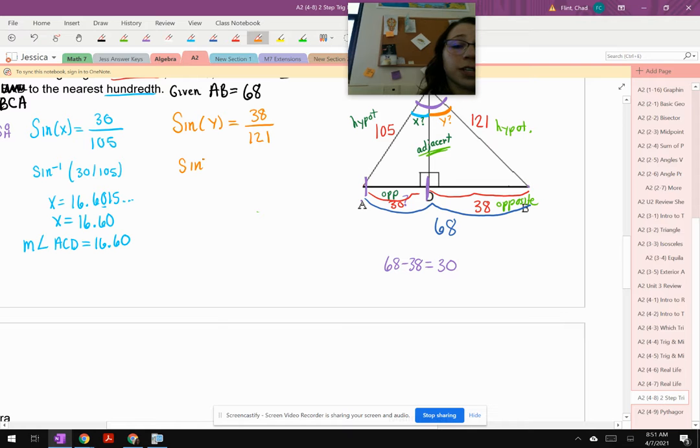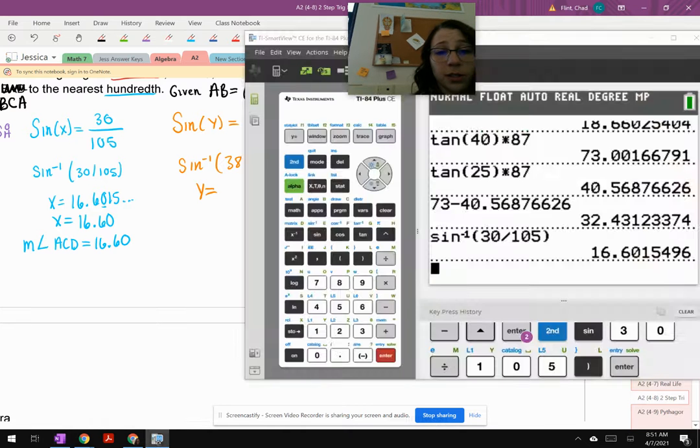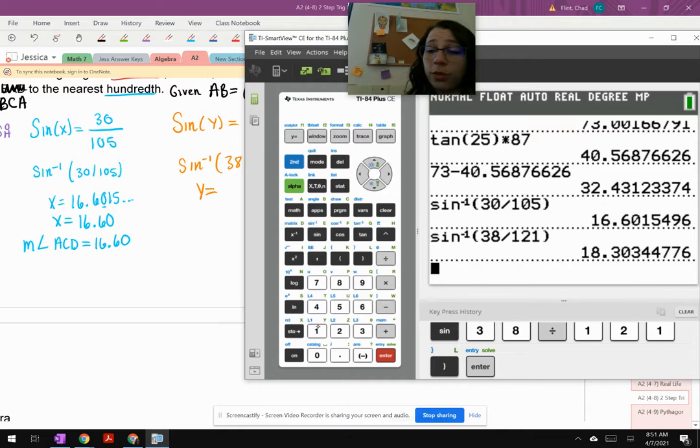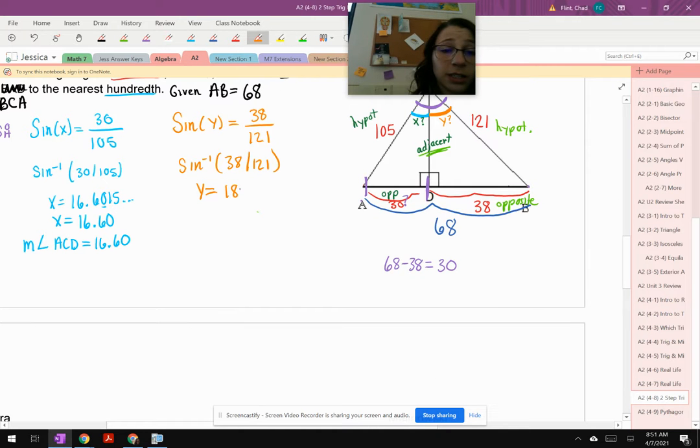So inverse sine, because I'm looking for that angle. And y is going to be equal to inverse sine, second sine, 38 divided by 121, which is 18.303. So the measure of angle DCB is equal to 18.30.